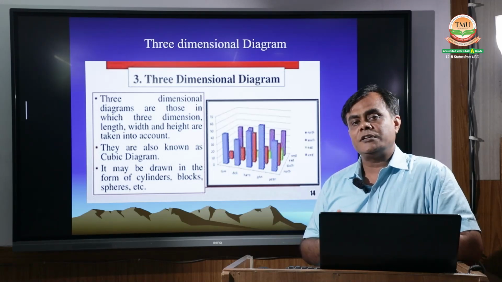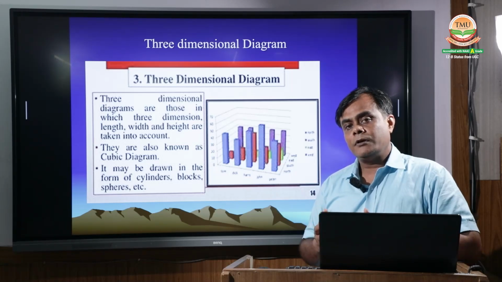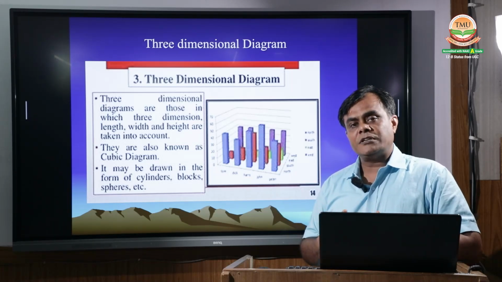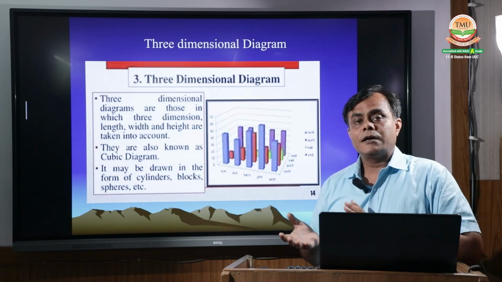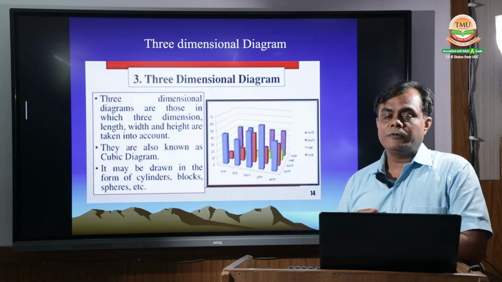So simply we can say that tabular formation is better than the textual formation, and the graphical presentation is better than the tabular presentation.